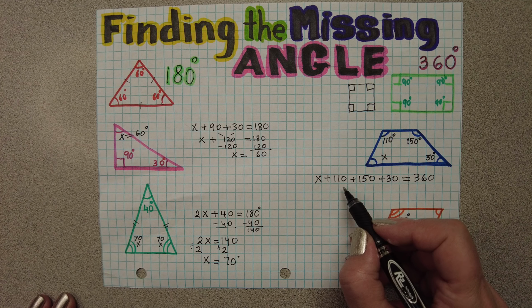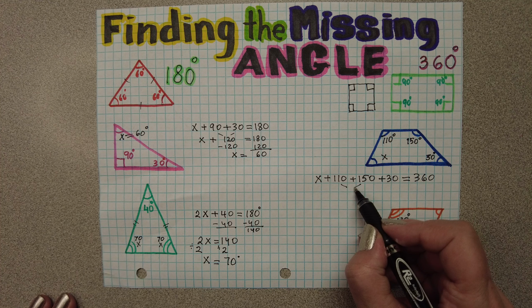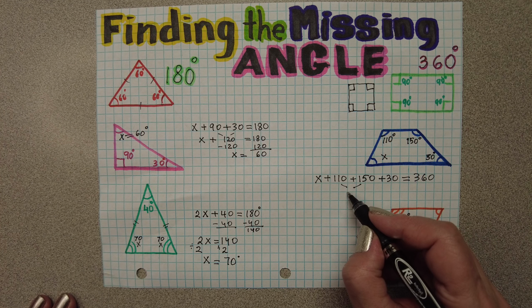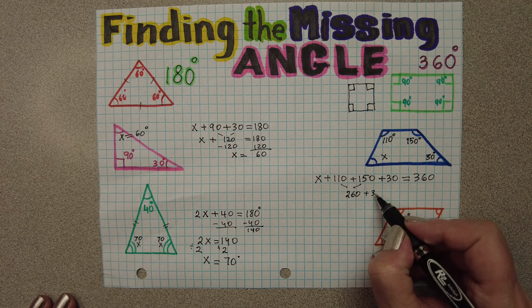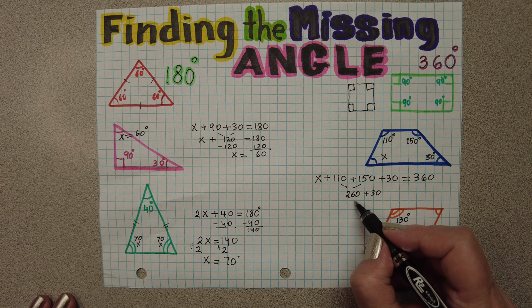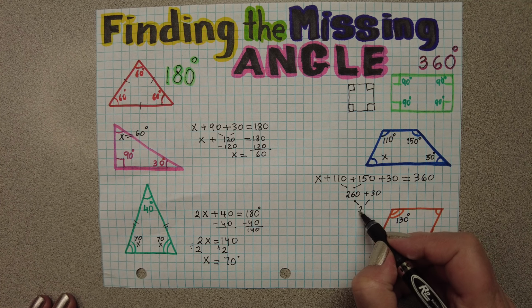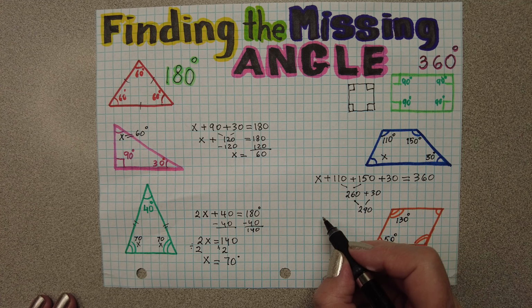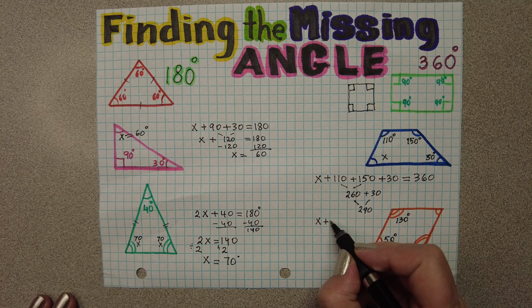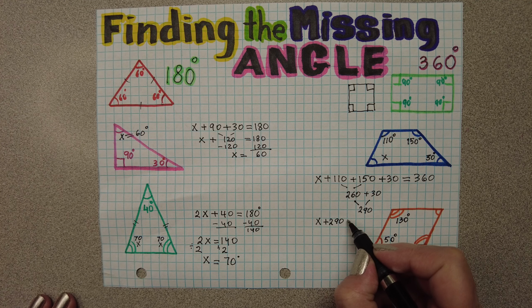Let's start from here. 110 plus 150 will be 260, plus 30 will be 290. So we have now x plus 290 equals 360.